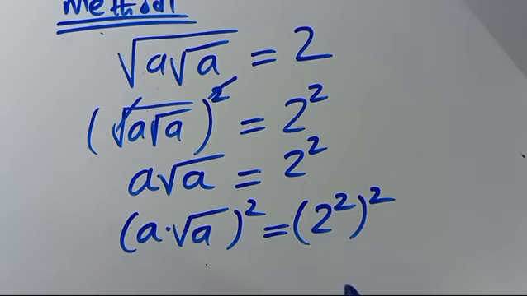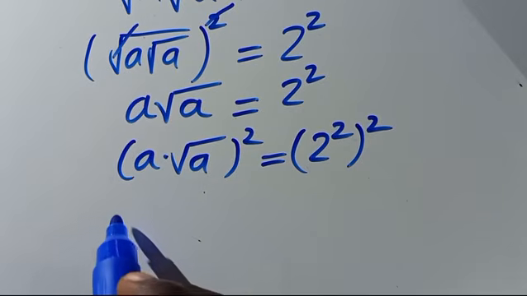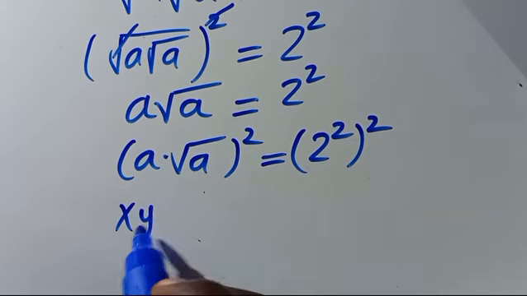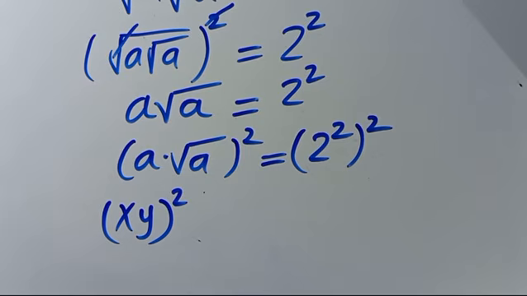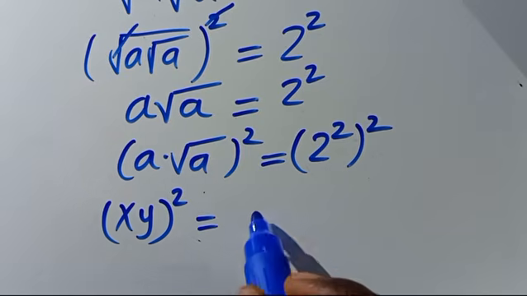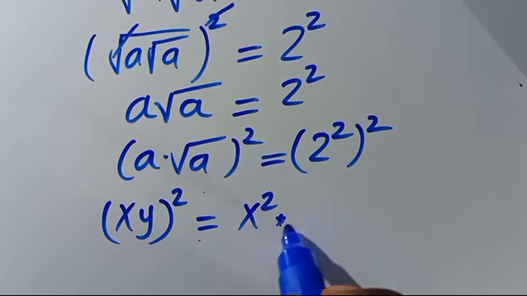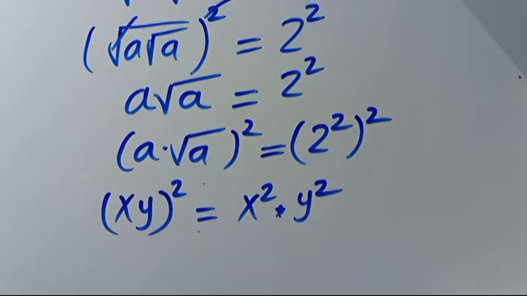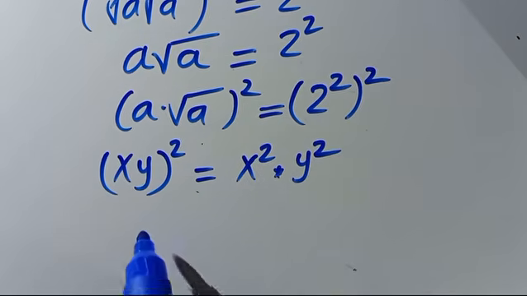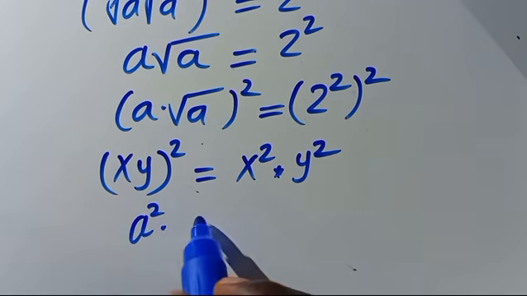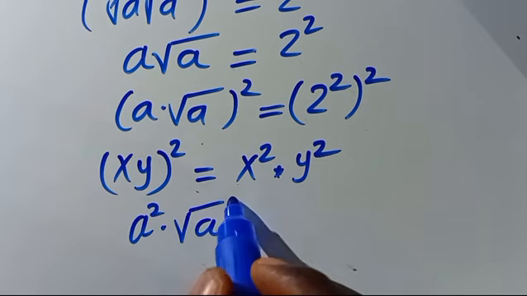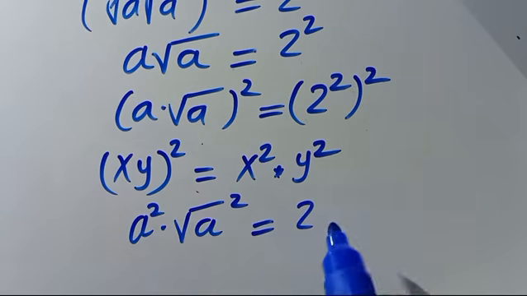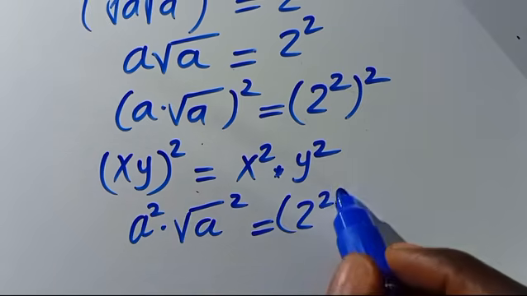Now, when you have x, y in parentheses raised to the power 2, this equals x square times y square. So from here it will be a square times root a to the power of 2 equals 2 to the power of 2 in parentheses to the power of 2.